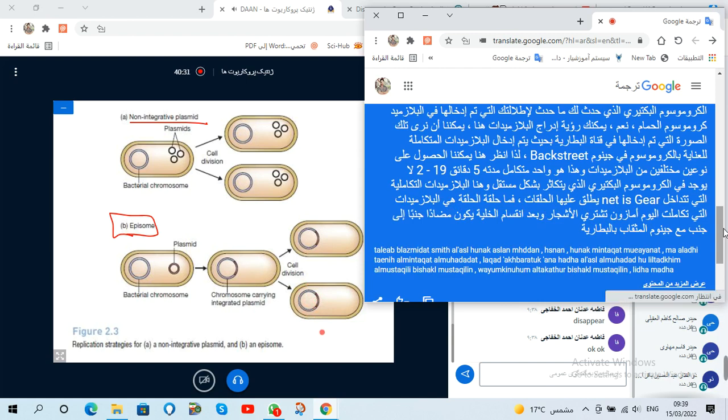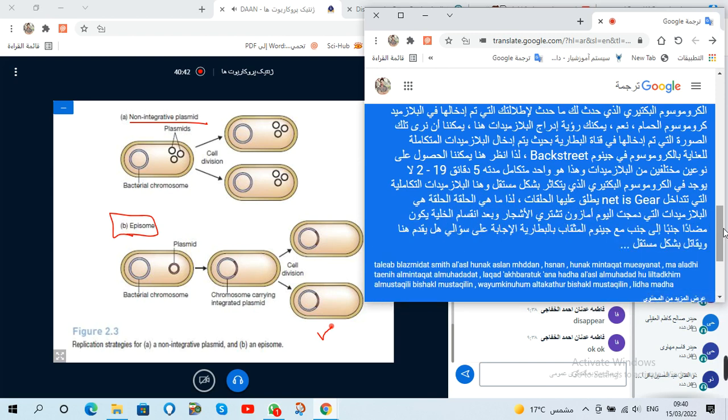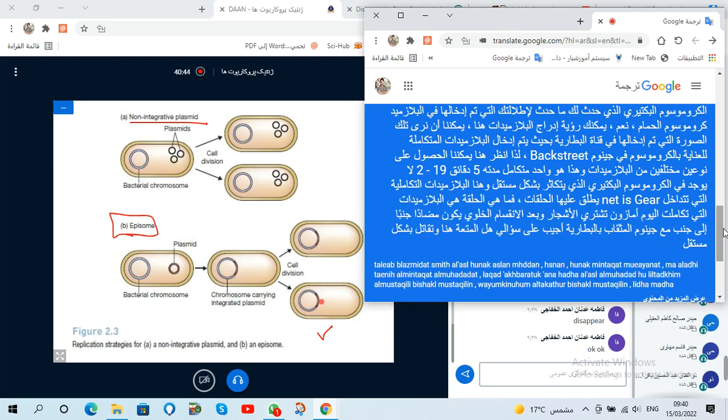Please answer my question. Here in the episome type, do the plasmids amplify independently?